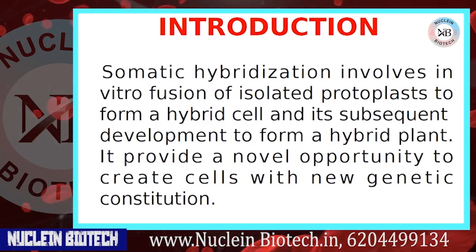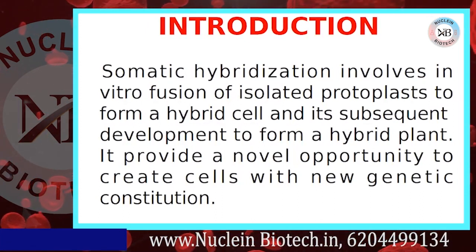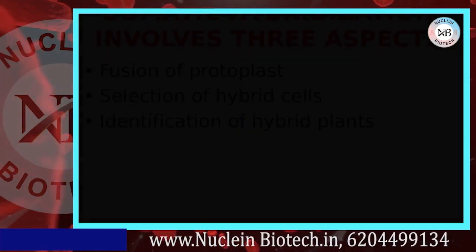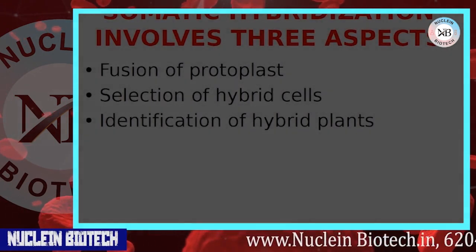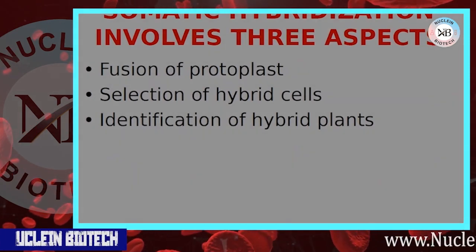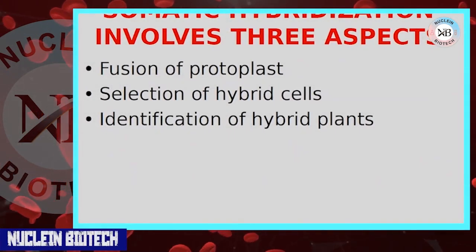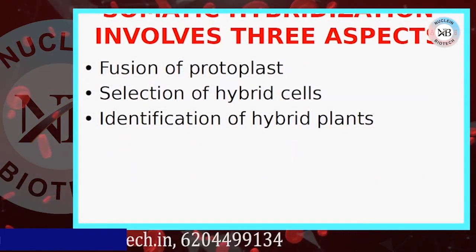In vitro means any process performed in a test tube, culture dish or elsewhere outside a living organism. Now hybrid means mixed characters, and hybrid plant is the result after hybridization, and it provides a novel opportunity to create cells with new genetic constitution.